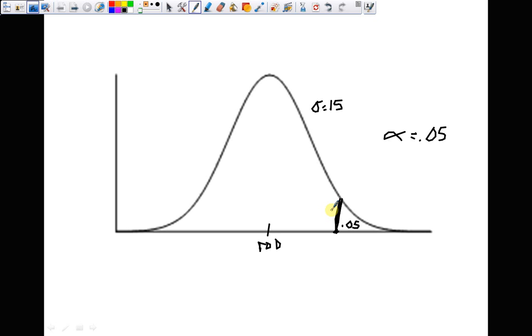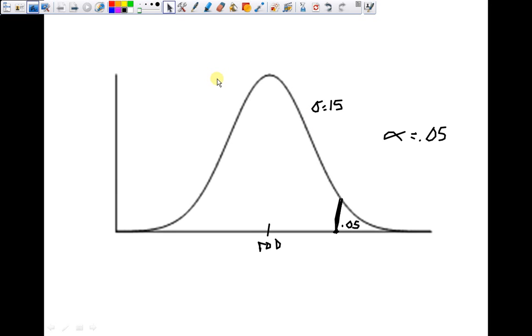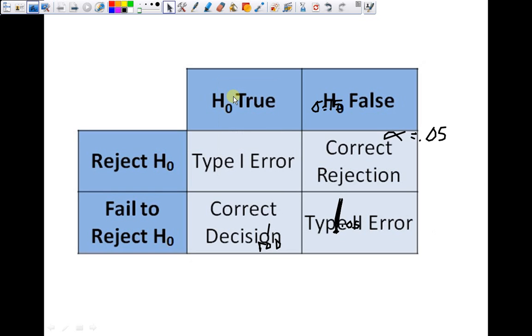Well, the problem with that is, if we go back to this, if we have to have more evidence to reject, we're going to fail to reject more often.